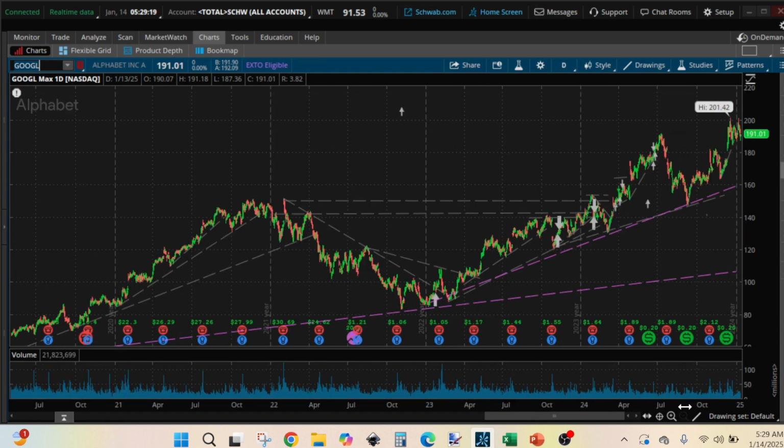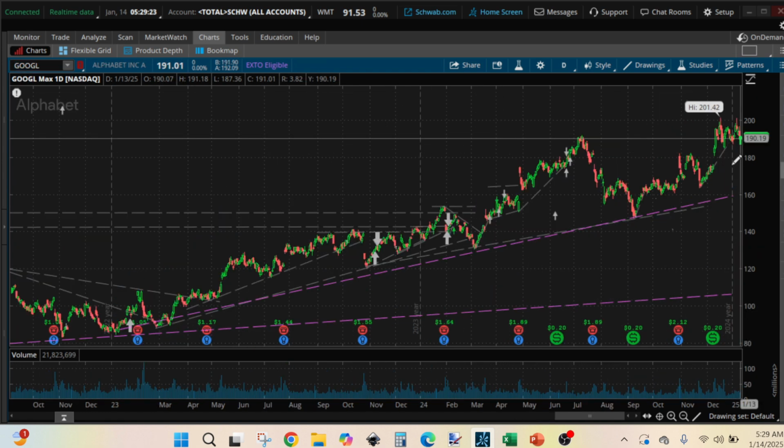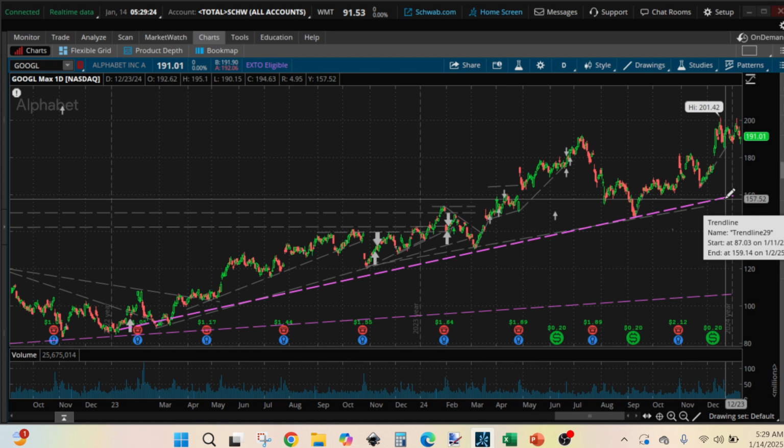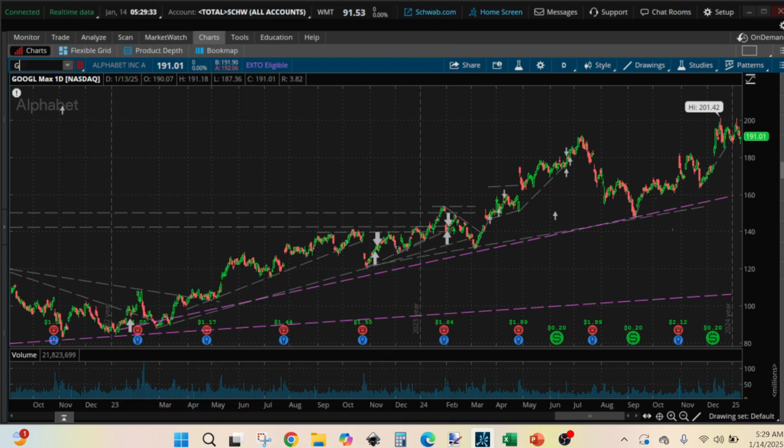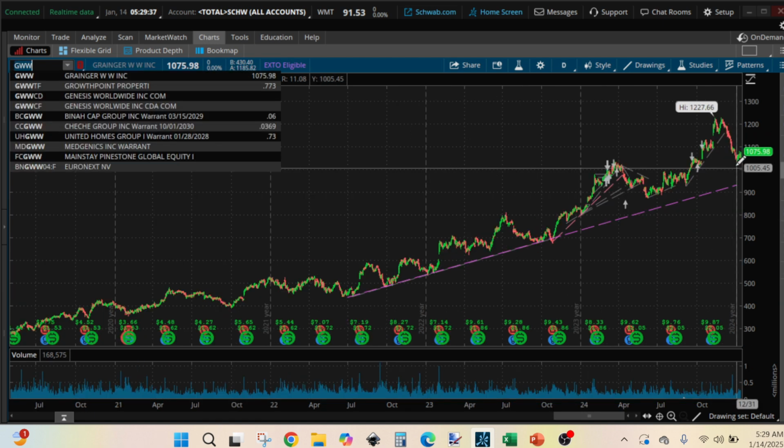We like to enter here. The next one is GWW. And GWW, this trend line ended and seems to be going down, but still far from where we like to enter.